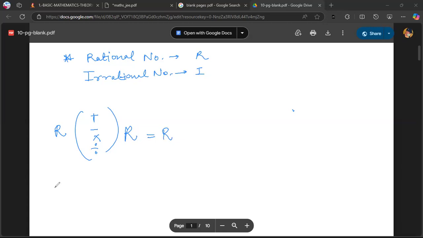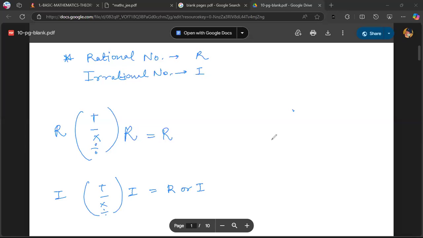And if we do these operations with two irrational numbers, all these mathematical operations, algebraic operations as we call them, the result can either be rational or irrational. So it's not decided when we talk about two irrational numbers.